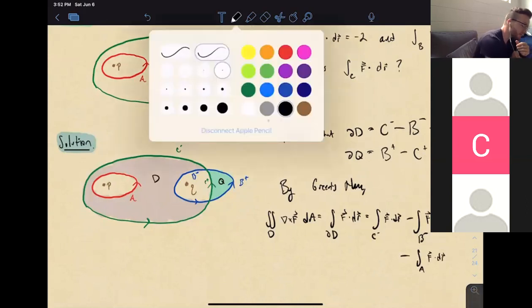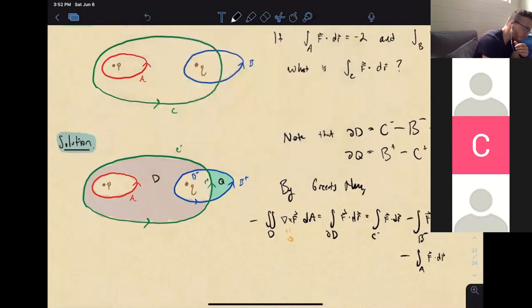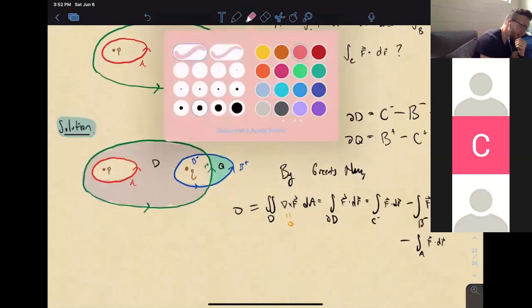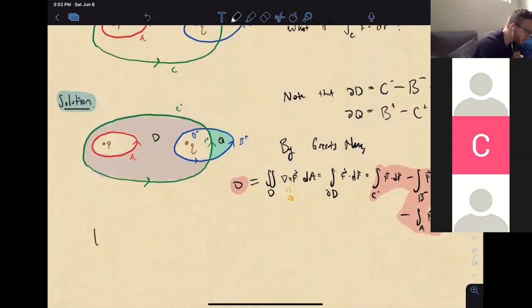And like I said earlier, the curl is 0. So this whole integral is 0. So this stuff here equals 0. Then I'll do the same thing with q. Likewise, the double integral over q of the curl of f is 0.